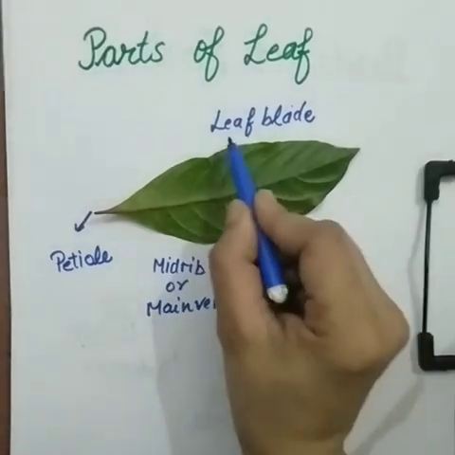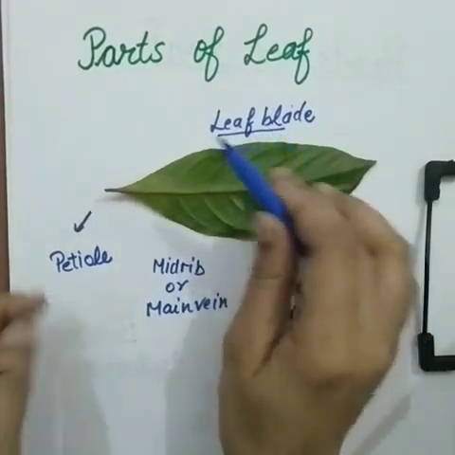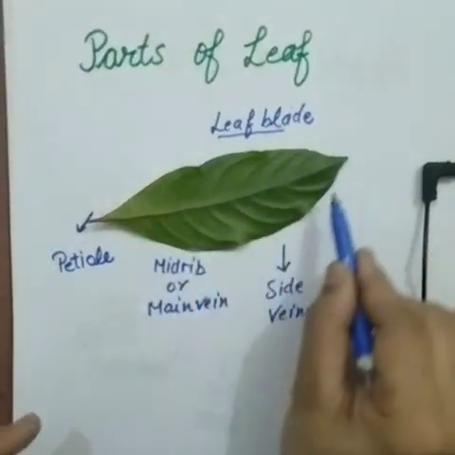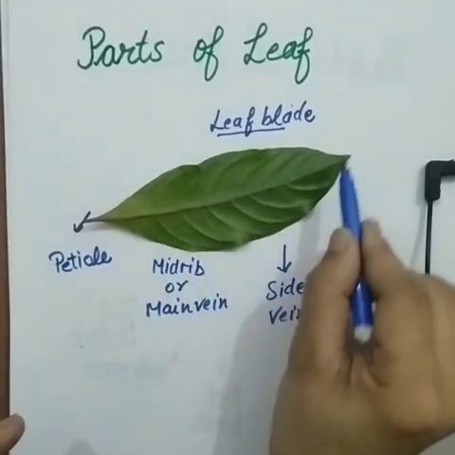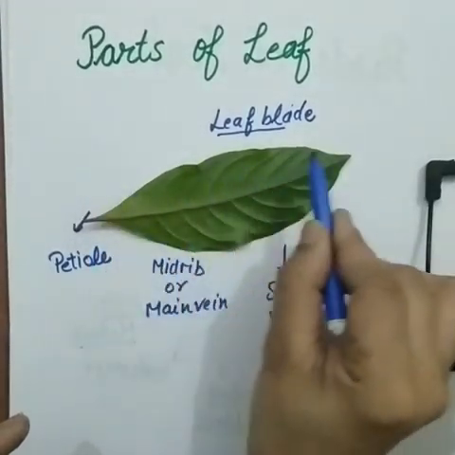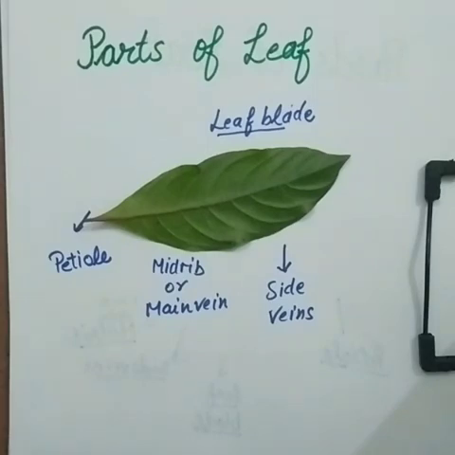And this is leaf blade. This green surface of the leaf is called leaf blade. So students, leaf blade is helpful in photosynthesis process and transpiration.